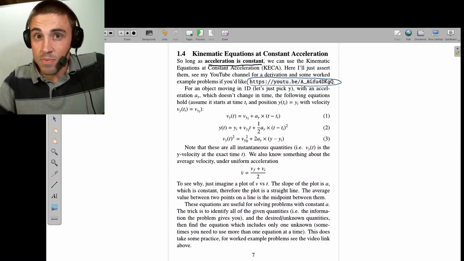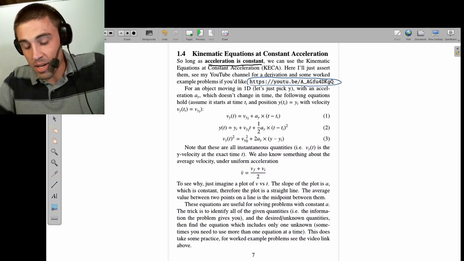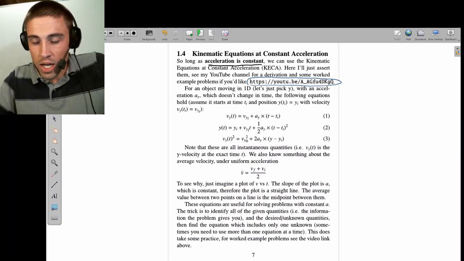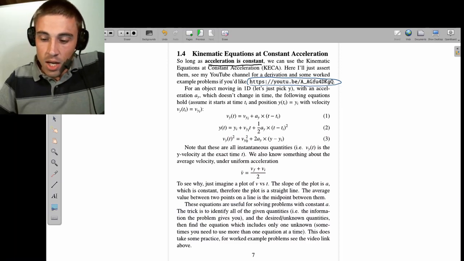But this is a calculus-based physics class, so we will be dealing with situations where acceleration changes in time. And when that happens, you cannot use these equations. It's a really important thing to keep in mind.